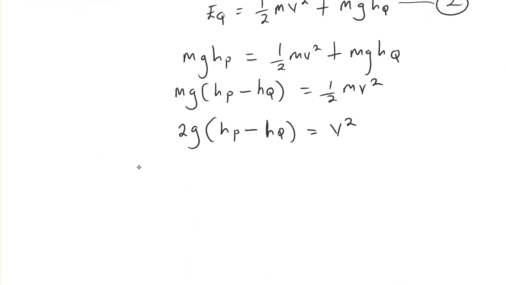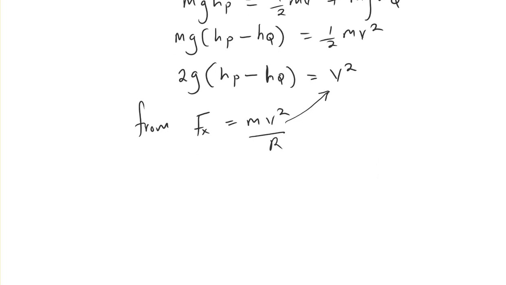So from above we have that Fx is mv squared divided by r, but we have that v squared is given by this expression on the left hand side.